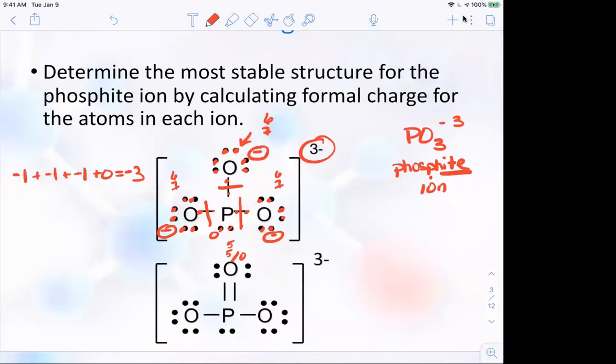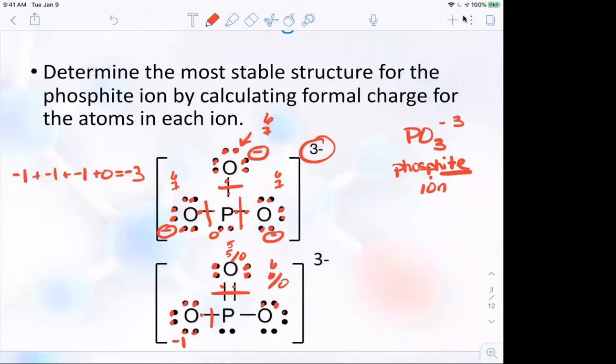All right, so let's look at this bottom structure so I can differentiate which one is the best structure for the phosphite ion. Here I have 6. I have 1, 2, 3, 4, 5, 6. That's 0. I have 1, 2, 3, 4, 5, 6, 7. That's -1.